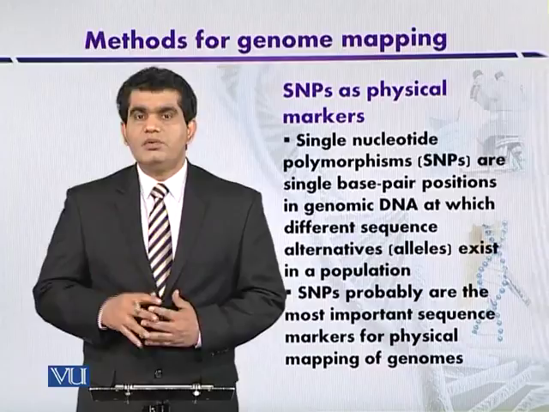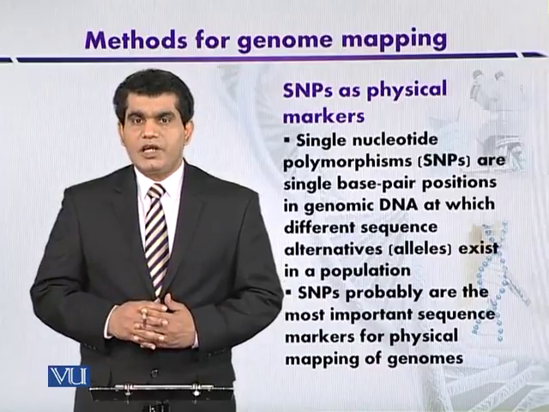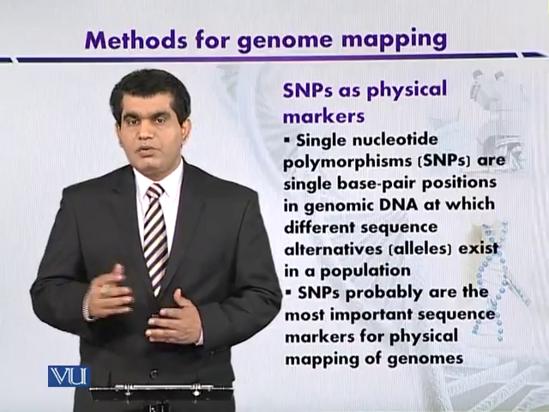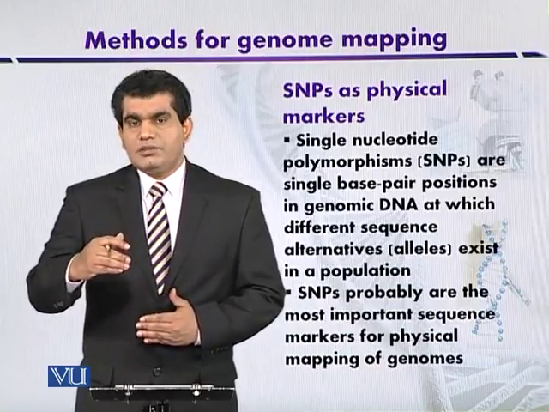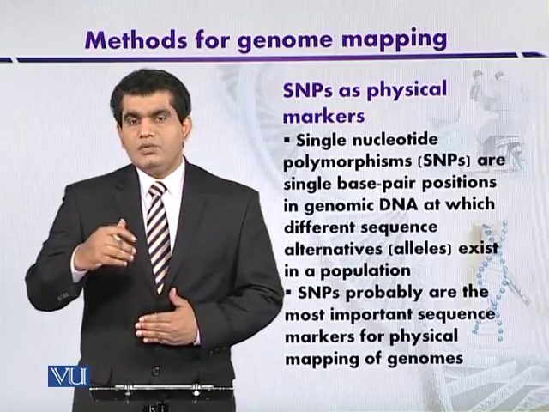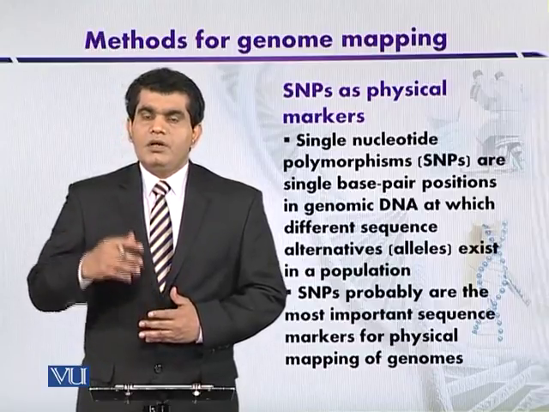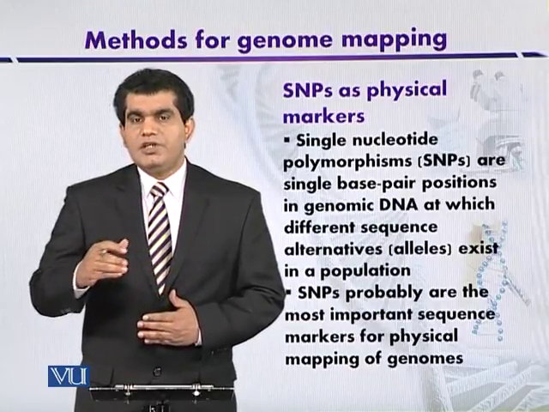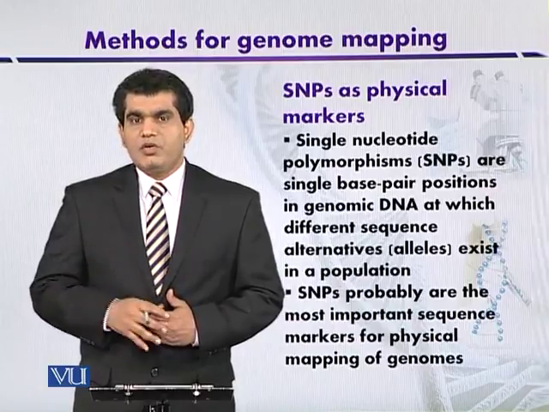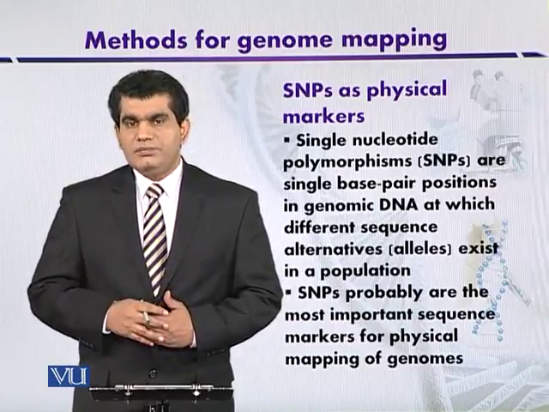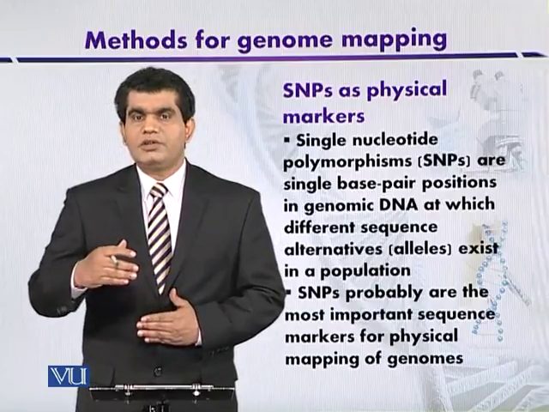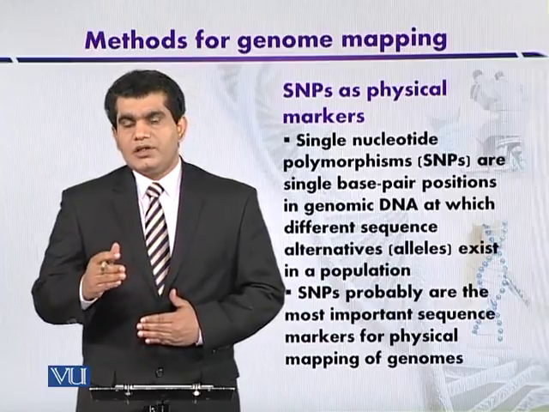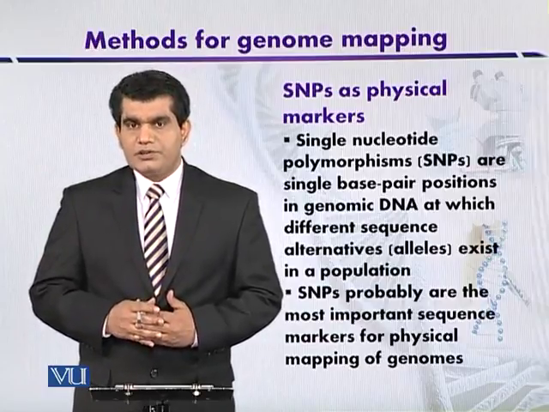Now different types of nucleotide variations can be considered as SNPs, because most of the time this term is used in a loose sense. For example, in case of cDNA, the single base pair variations may be called cSNPs because it has been suggested that they are showing the underlying genomic DNA sequence.